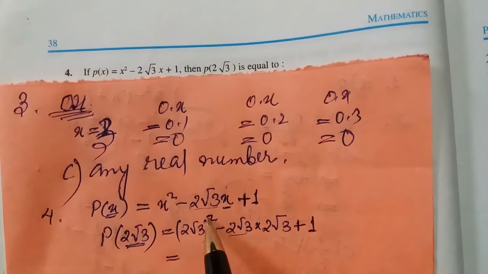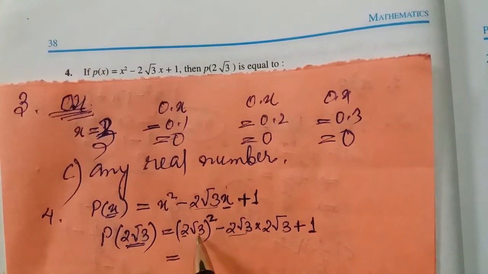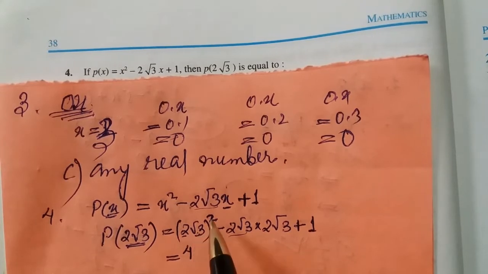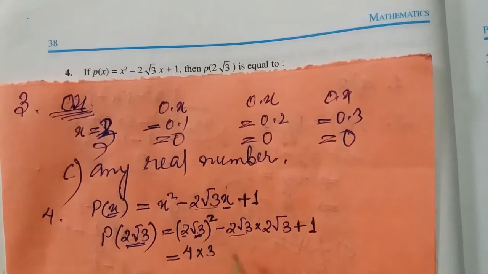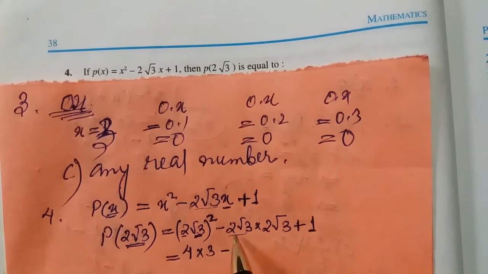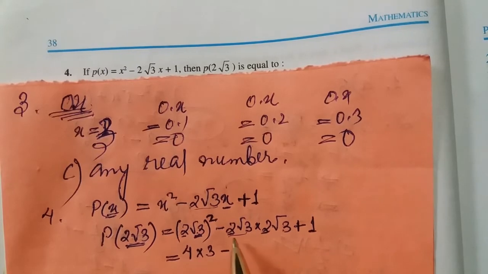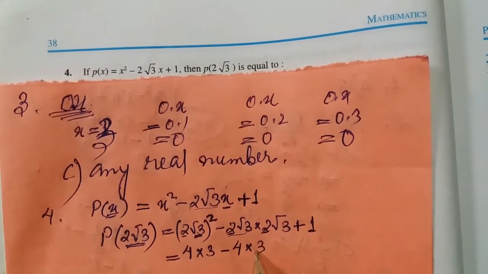Now this square is for both 2 and root 3, so 2 square is 4 and root 3 square is 3. Minus, here multiply the numbers outside and inside: 2 2s are 4, root 3 into root 3 is 3, plus 1.